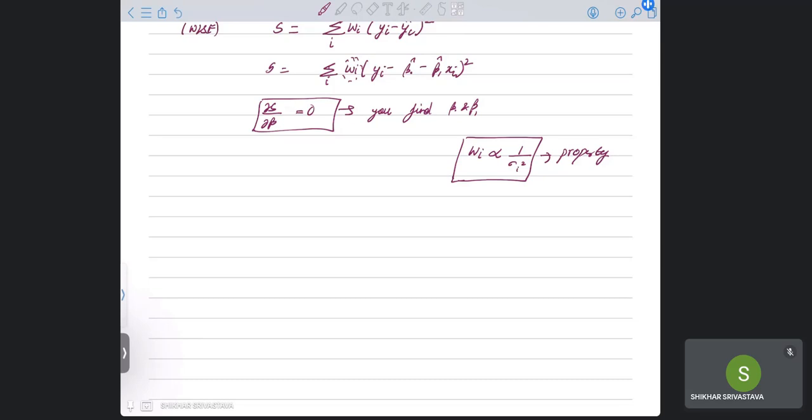So let us take an example. We'll just take an example over here, and then we will see how we can apply this theoretical part in solving questions.